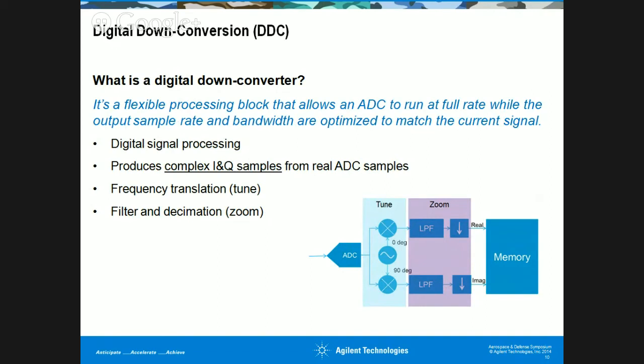And this is the block diagram shown for a digital down converter. So just after you have digitized the signal, we mix it with a digital local oscillator. Then another time we mix it with a local oscillator which is 90° out of phase, digitally.